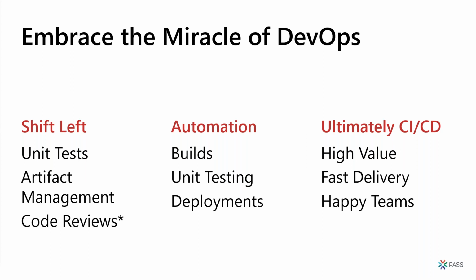And at that time, Liz, with her great vision, proposed that we should all embrace the miracle of DevOps. So what did she mean at that time? She wanted to have better code quality by having unit tests and having artifact management, so that when you finish code deployment, package it, and build it, they are stored in an artifact repository.